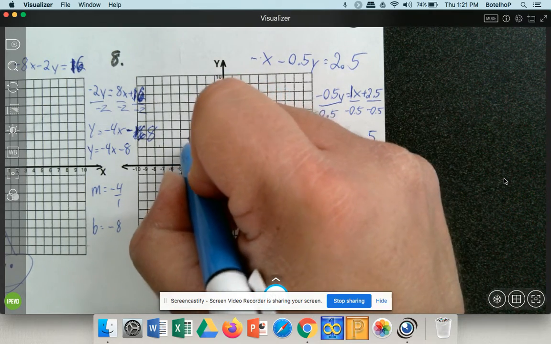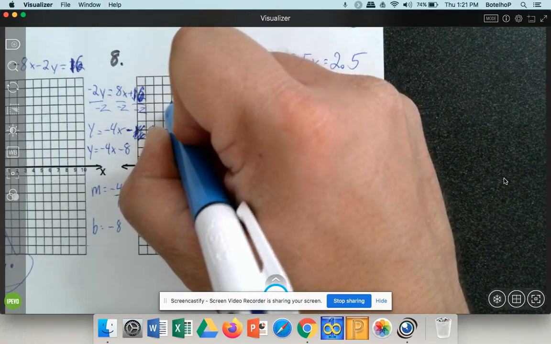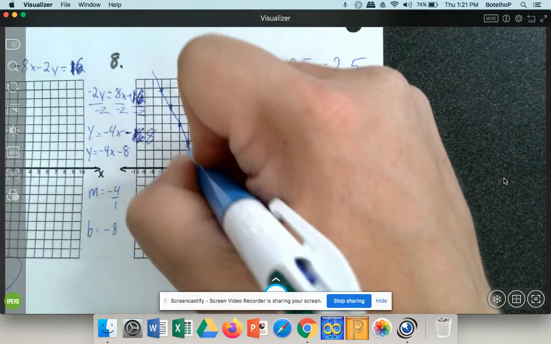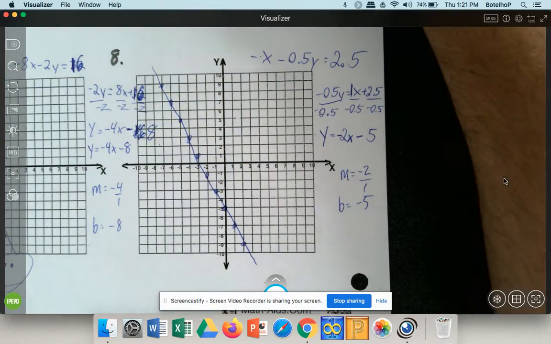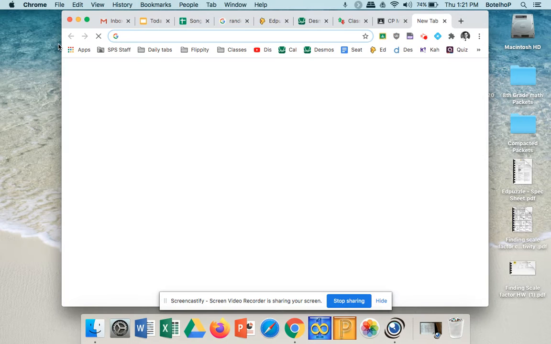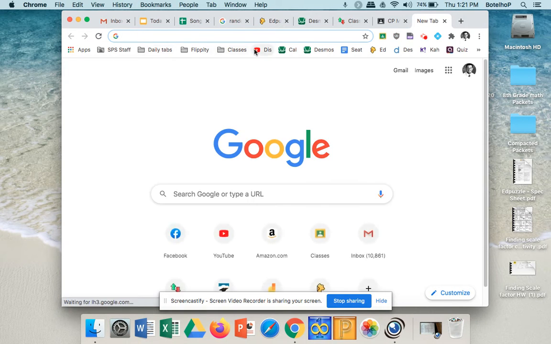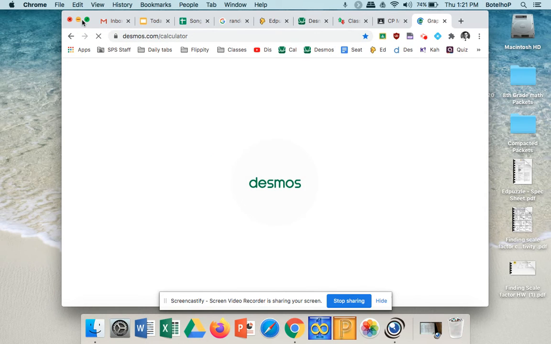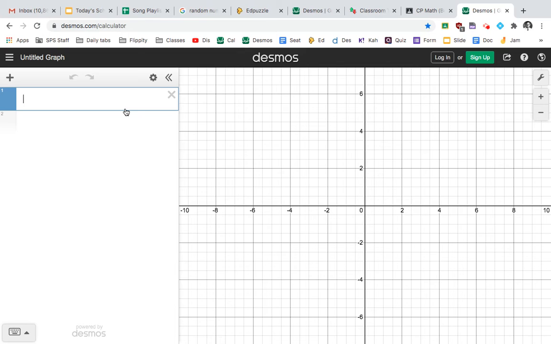And I have a little anxiety about this question, so I'm going to go on Desmos. Let's make sure I did this right here. So just to show it to you, if I go to Desmos here, we're going to put in negative x minus 0.5 y equals 2.5.